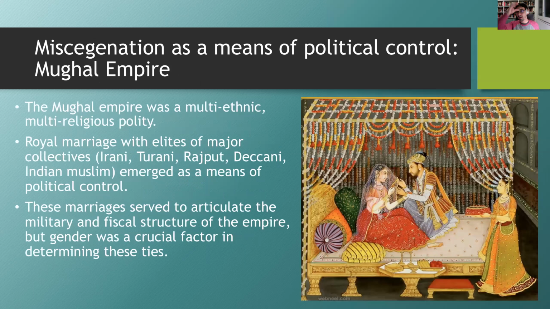Let's change gears completely, and now let's look at another phenomenon surrounding marriage and surrounding reproduction and surrounding sexuality, and that's miscegenation. Now, miscegenation is a term that is very quickly falling out of favor.